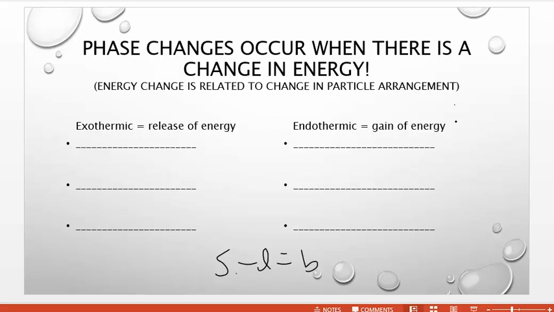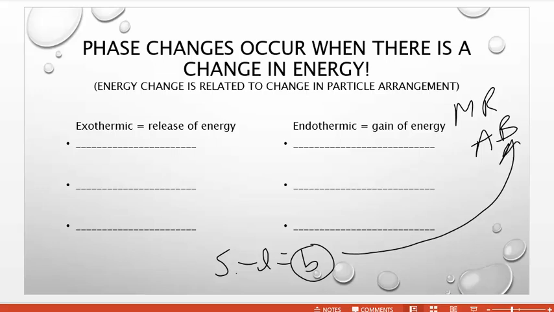If I keep my Mr. Ab up over here, breaking goes with absorbing, and absorbing means gaining. So we're saying melting is endothermic, because you're gaining, and endo means gain and exo means release.